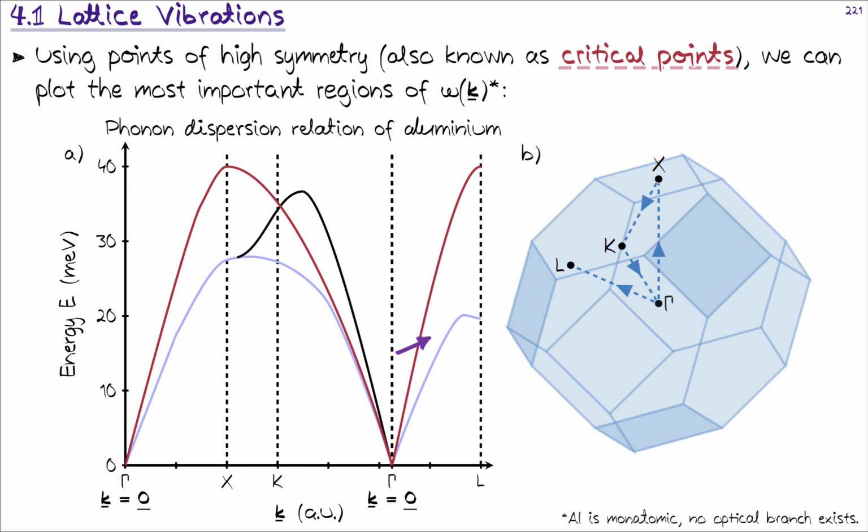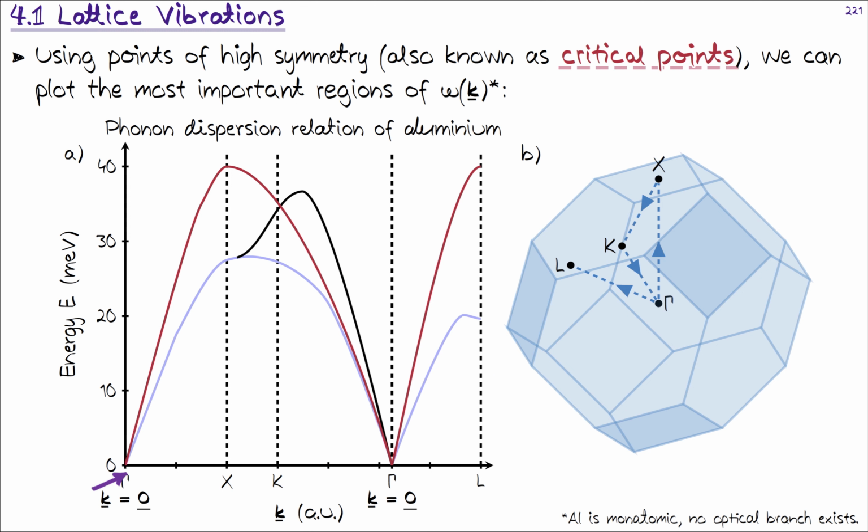As we can see, all of the branches tend to the gamma point, to the origin. And the dispersion relation here, nearby the gamma point, is linear. So this is what we see in here, with the different acoustic branches in our dispersion relation.